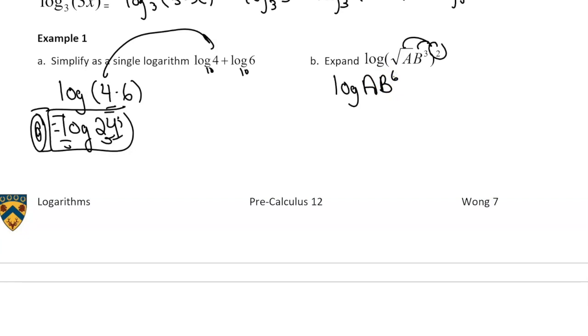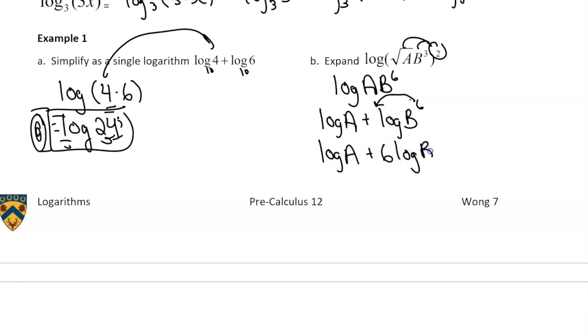And then based off of this, if that's a single log, could we rewrite that as two separate logs? And we sure could. You could say that would be log a plus log b to the 6. I would say that would be a very good solution, but usually when you have something expanded, you can take the exponent and soccer kick it in front, and that would be your most simplified form of being able to express this. So if we said something like that, then that would be great.